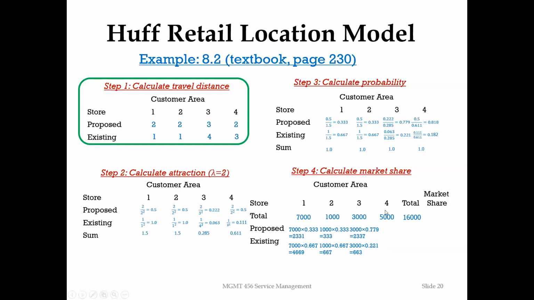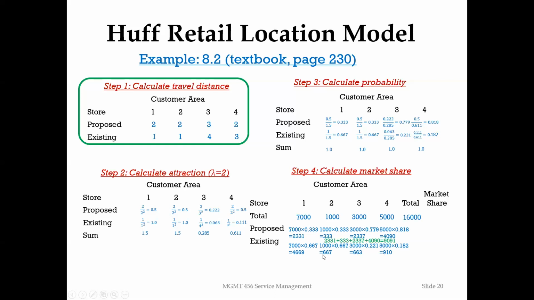And for the last customer area, area 4, we have a total of $5,000. So out of $5,000, 0.818 will be spent in the proposed store, which is $4,090. And then the rest, which is 0.182, will be spent in the existing store, which is $910. So this is how much money will be spent in the proposed store and existing store.